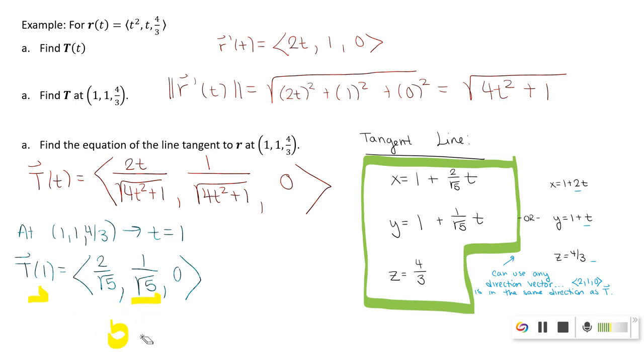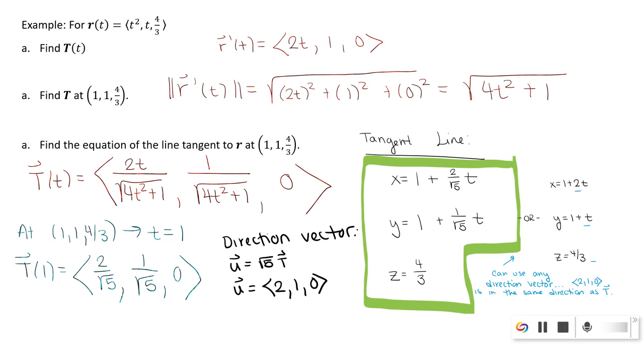Let me actually write that down for you. The direction vector, I want it to look nice and have whole numbers. It just has to be in the same direction as my unit tangent vector. So I'm going to multiply everything by root 5, and I get 2, 1, 0. And so you could use 2, 1, 0 as your direction vector.